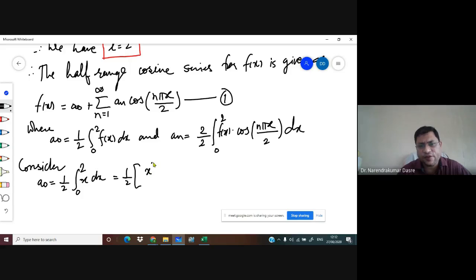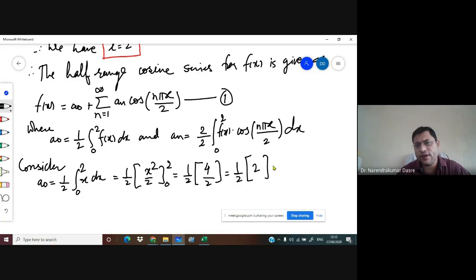So 1 half, we have x square by 2, 0 to 2. So we have 1 half, and then this will be 4 by 2. So we have 1 half times 2.